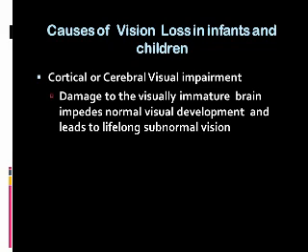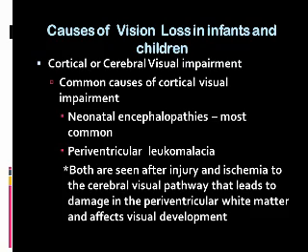Another cause of loss of vision in infants and children is cortical visual impairment. This involves damage to the visually immature brain, impeding normal visual development and leading to lifelong subnormal vision.